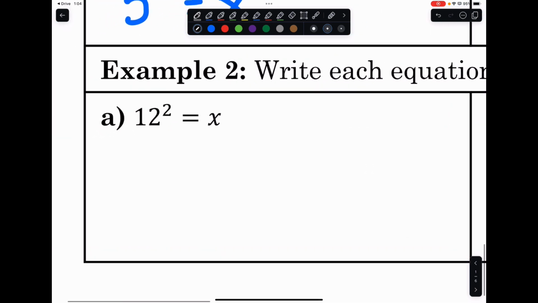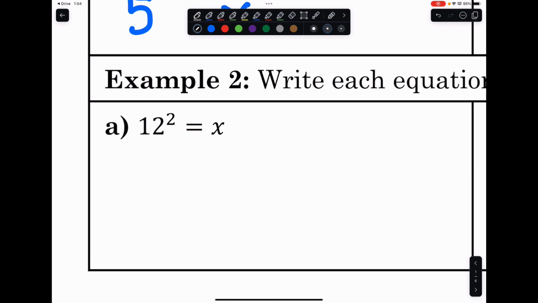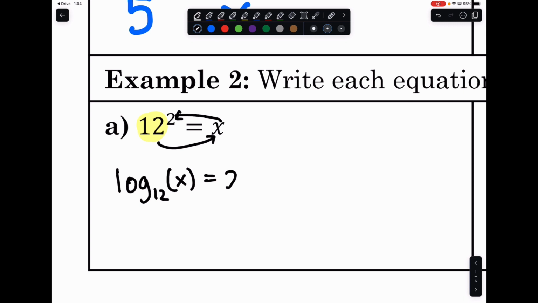To convert this into a log equation, we start by first identifying the base. Our base is 12. So in this exponential equation, our base is 12, our exponent is 2, and it equals x. So we start by writing the log of this base of 12. The value is going to be x, and it's going to equal the exponent of 2.